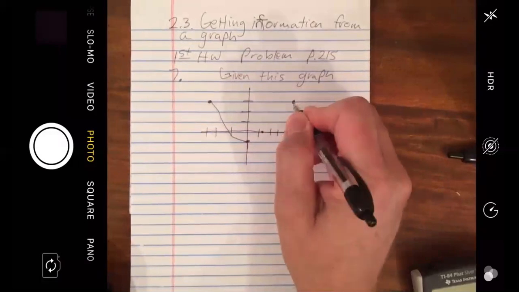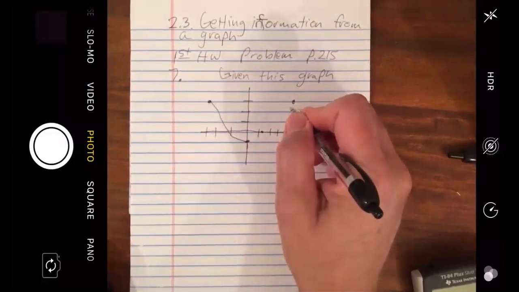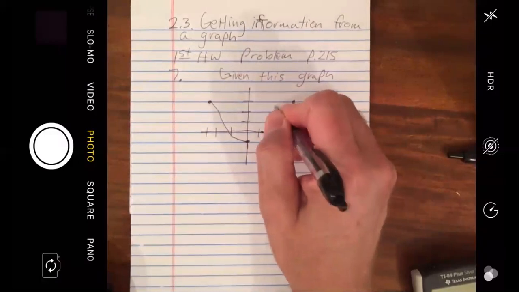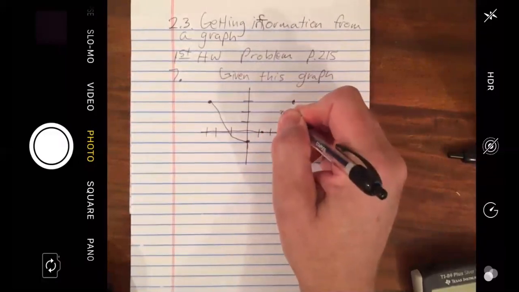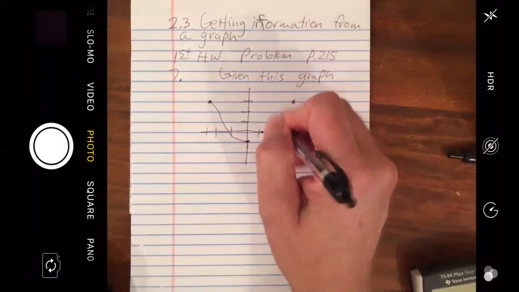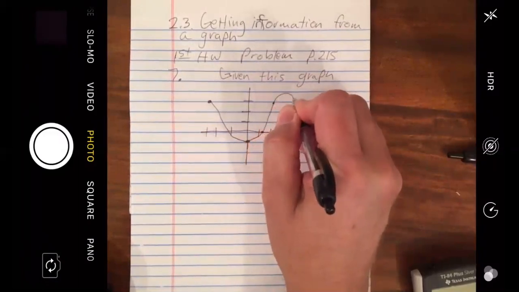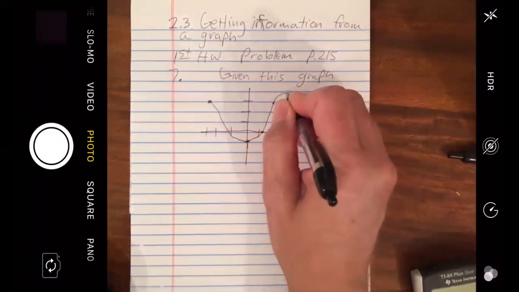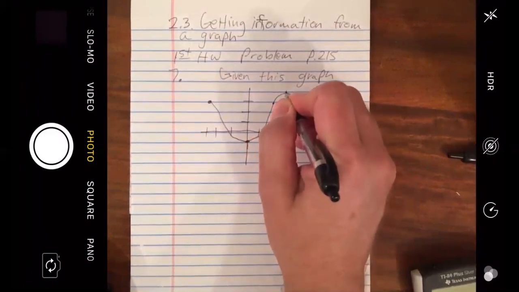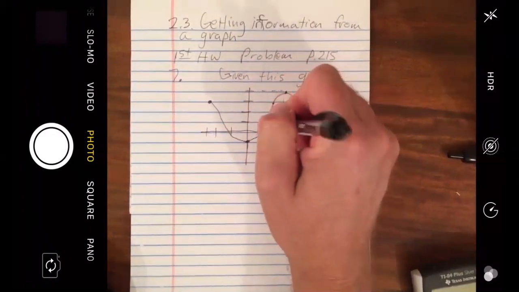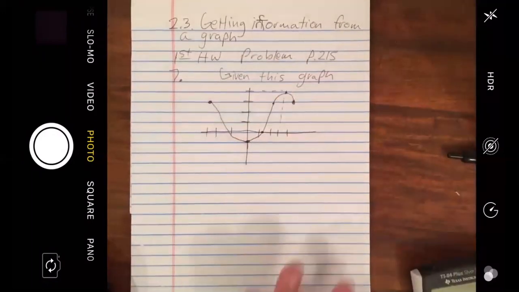And it's going through 2 and 3, because it's curling up and down. And it looks like that point is at 3 and 4. All right, that's about the best sketch I can make of it.